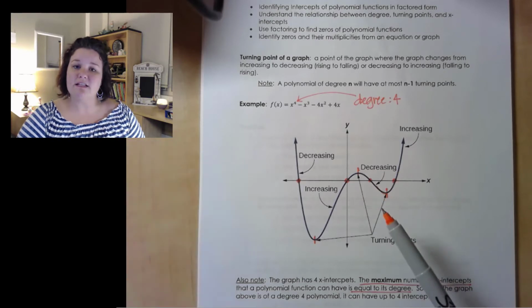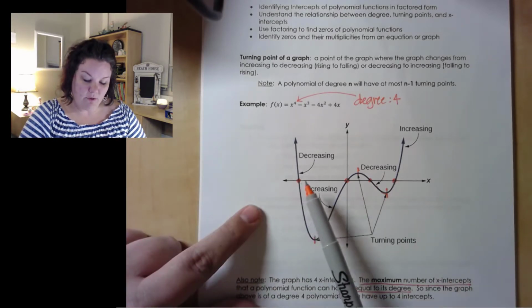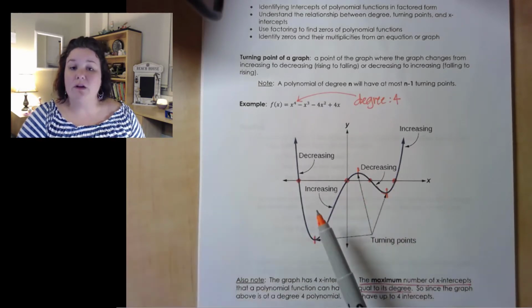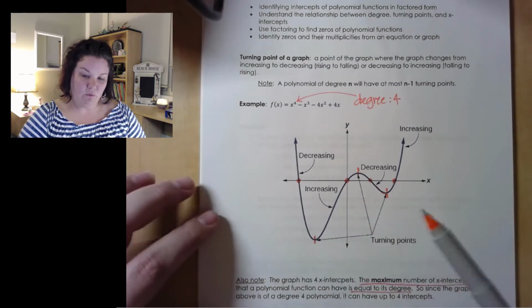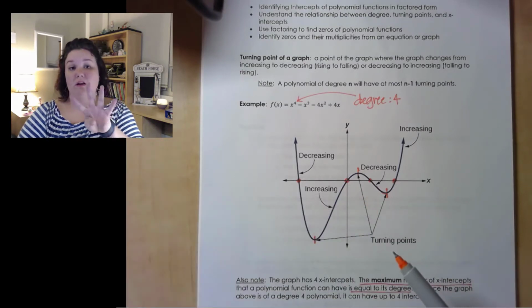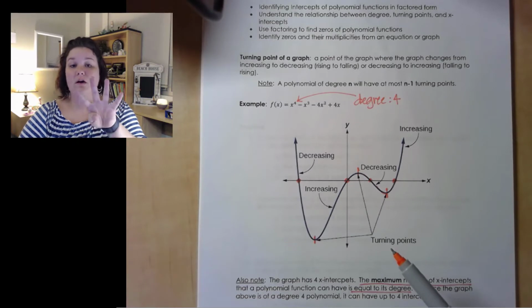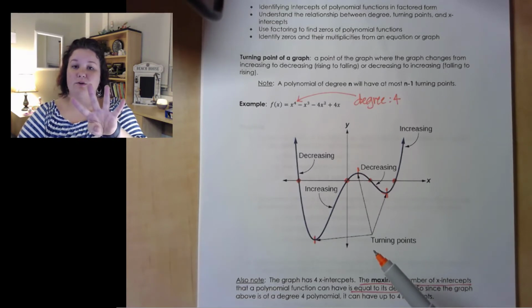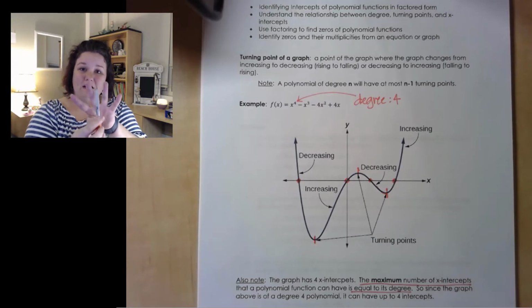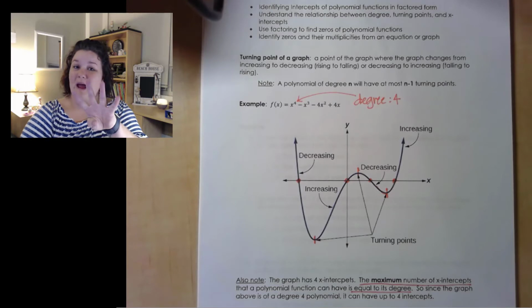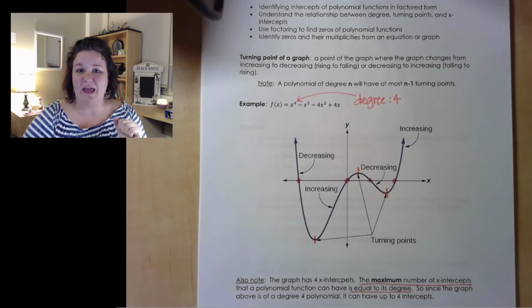So what that tells us is, if we know the number of intercepts or the degree of our polynomial, like it's a degree 4 polynomial, and we have 4 x-intercepts, the only places that we can have those turning points are in between our intercepts. So if we have 4, then the maximum turning points we can have is 1, 2, 3, right? Because that's how many in-between places we have.